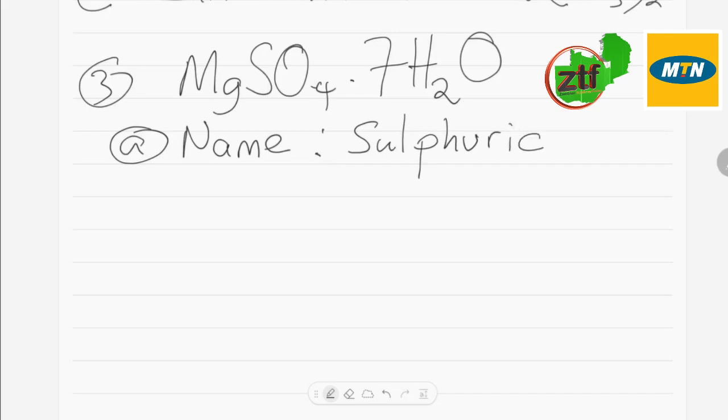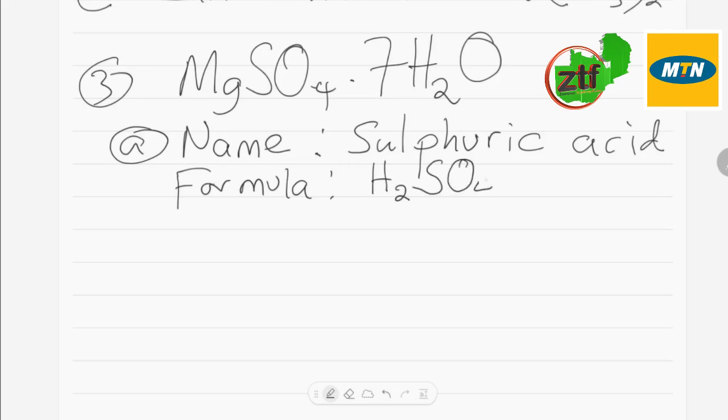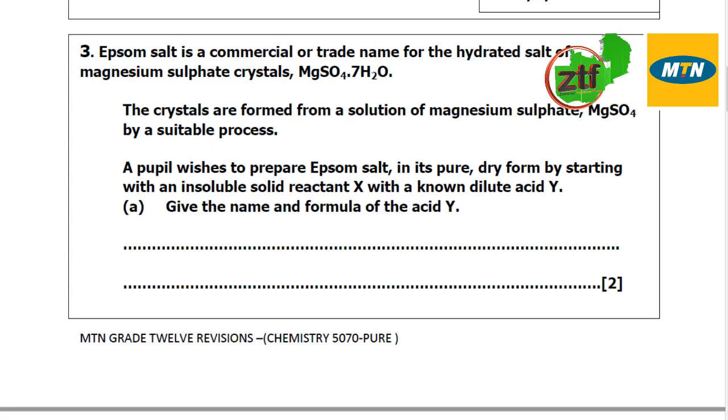So the name of the acid is sulphuric acid, and the formula is H2SO4. That is the formula of the acid used to prepare magnesium sulfate. Let's move on to the next question, which is question B.